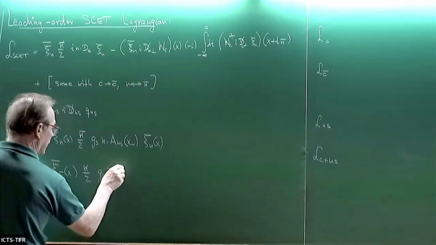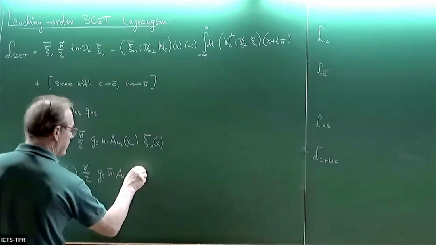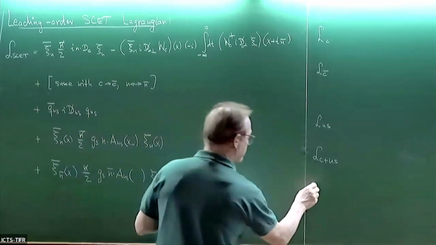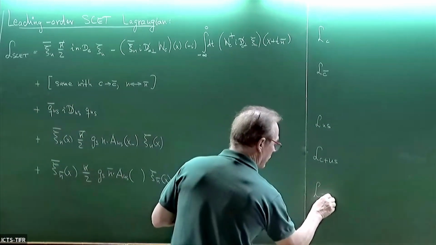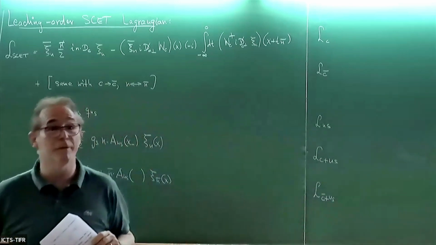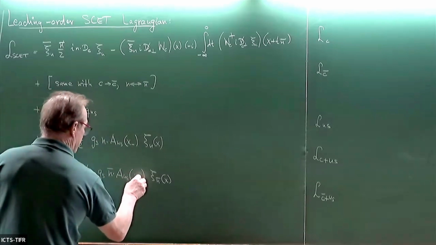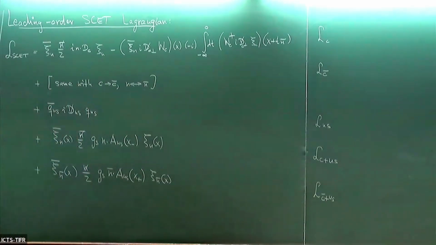What does that mean for the argument of the ultrasoft field? When it interacts with anticollinear, x plus, what else should it be? And of course, that just has the effect that instead of n·k, then n bar·k enters, because for the anticollinear, that's the small component.